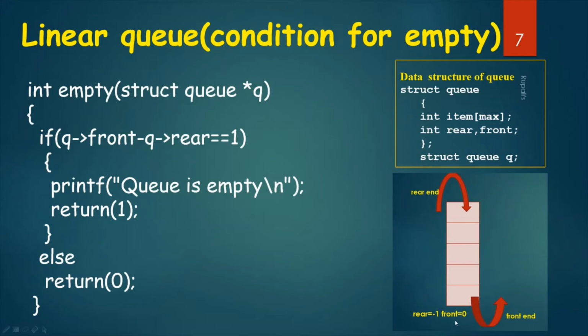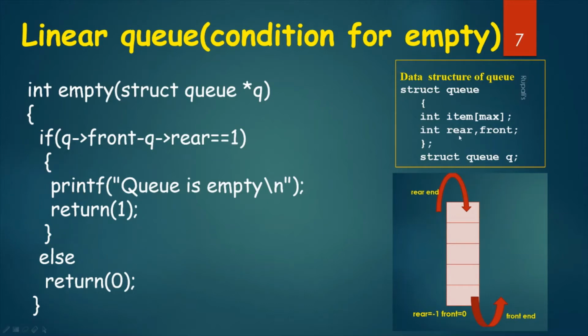So when front minus rear is 1, see, 0 minus -1 means 1, then we can say the queue is empty. Otherwise, the queue is not empty. So when front minus rear is 1, return 1, else return 0.